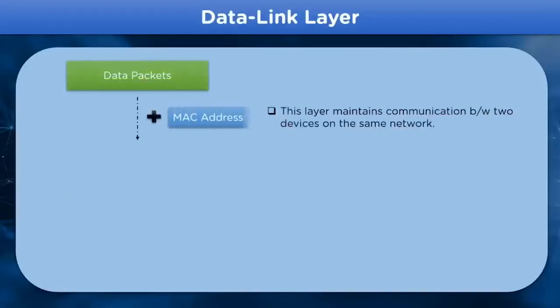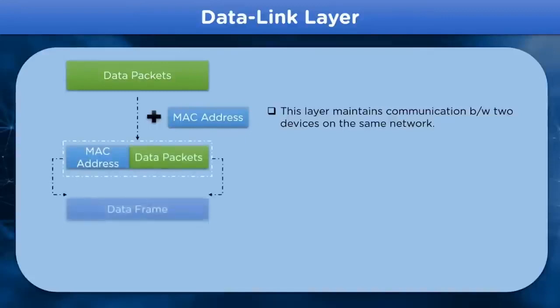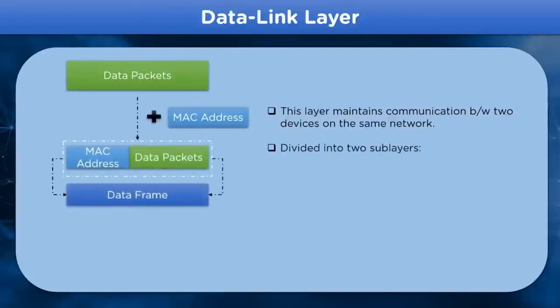Now let's move on to the next layer in the OSI model, which is the data link layer. This layer is responsible for maintaining and terminating the established connection between the devices over the network. The MAC address in this layer is added to the data packets, which are collectively known as data frames. These data frames are then further transmitted over to the physical network.